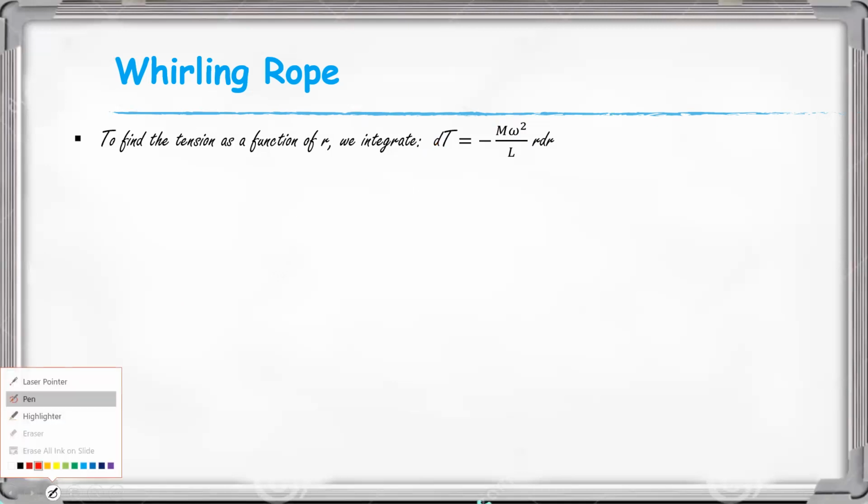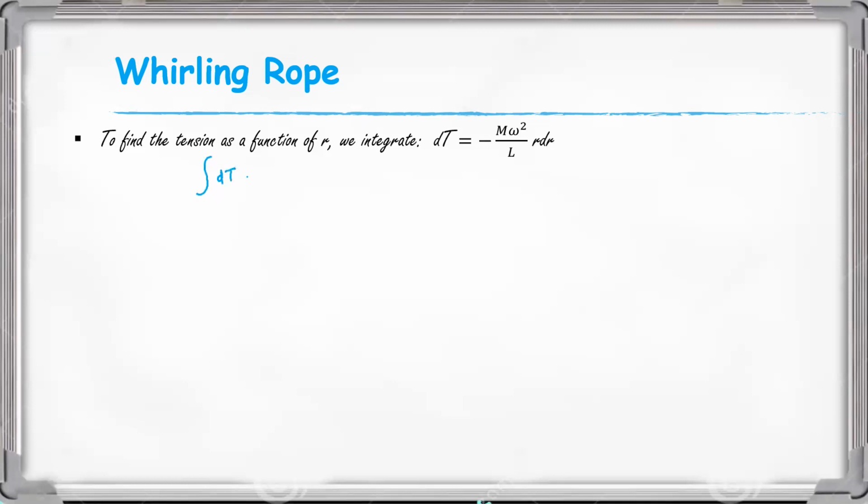When we integrate this equation, we express it as dT is equal to minus m omega square divided by L times r dr. We integrate both sides.